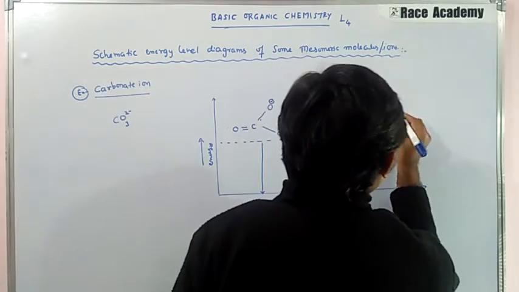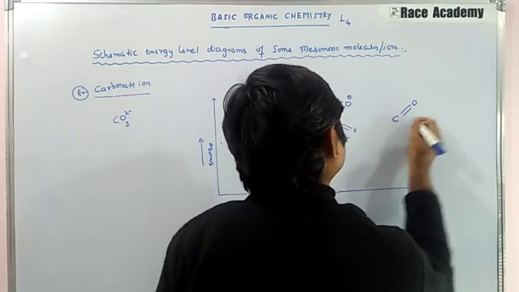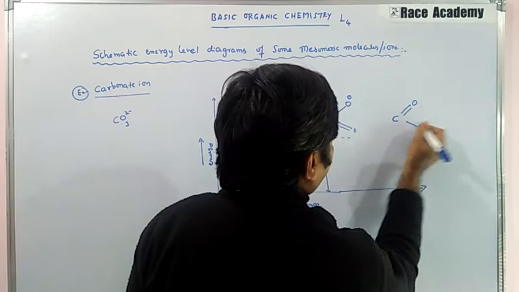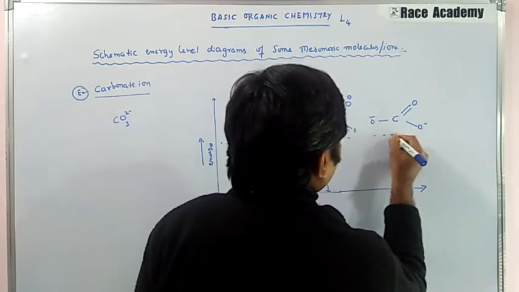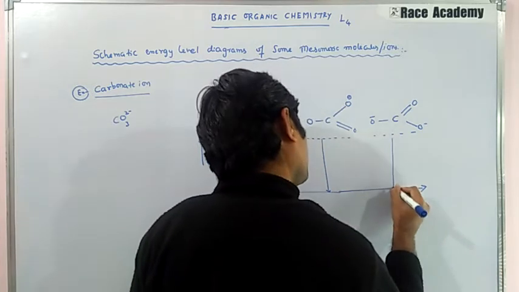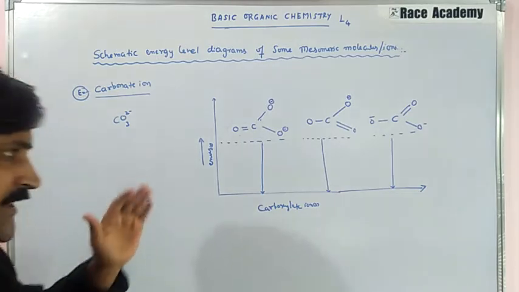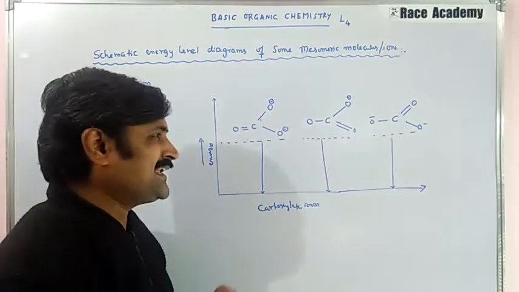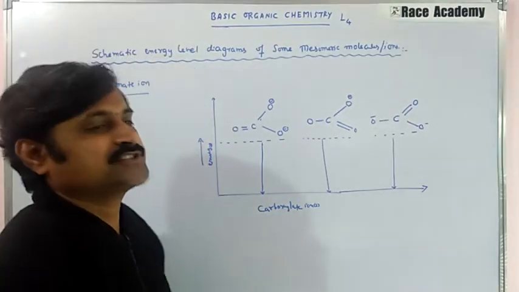Next, I will write a double bond here, with negative charges. For this one also, as per this schematic diagram, all three are equivalent resonating structures having the same energy.